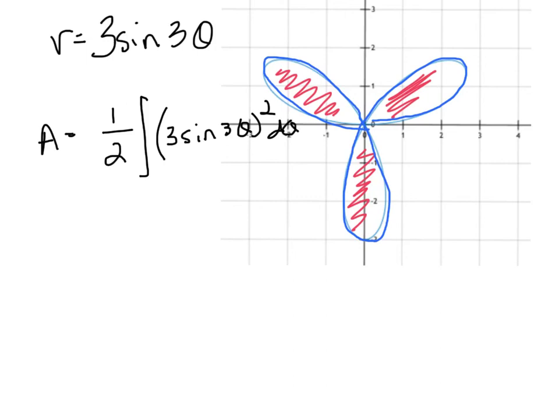And since we talked about the fact that to get from the first loop around the second loop, around the third loop, and back to the beginning is just 0 to pi, that becomes our bounds, 0 to pi. Don't just assume that every polar shape is 0 to 2 pi, because very often they're not. I mean, they are sometimes, but don't just assume that, because of course in this case, if you went from 0 to 2 pi, then you would begin retracing, and you'd actually end up with double the area you wanted.